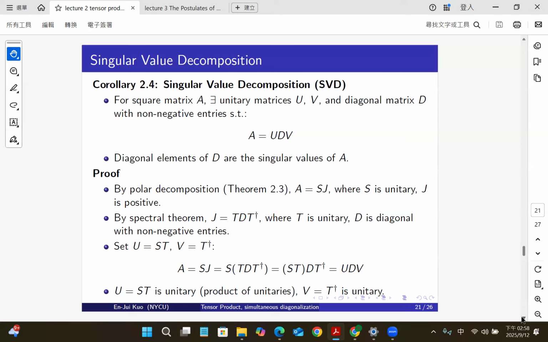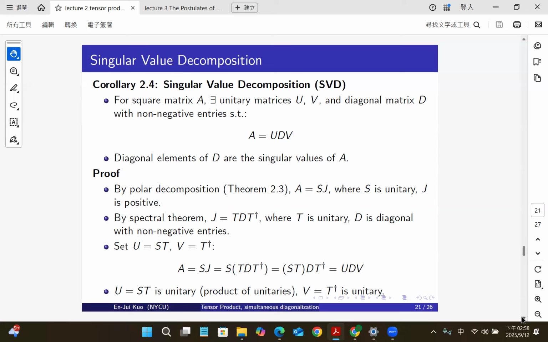So I just use the polar decomposition and then the spectral decomposition on that J. So A can be written as S J. This is the polar decomposition. And I write J in terms of the spectral decomposition, so it's T D T dagger.